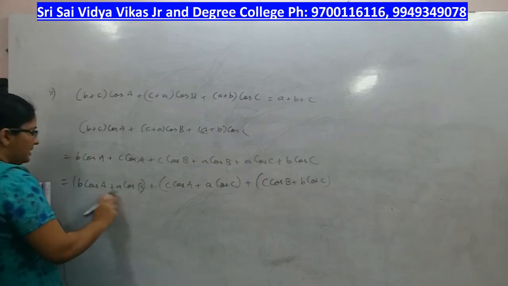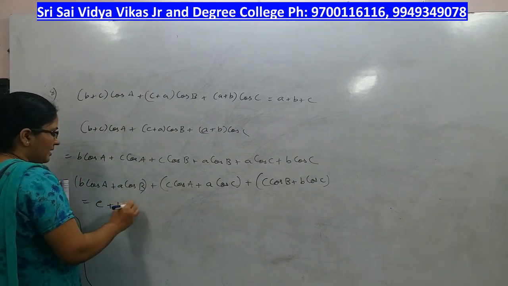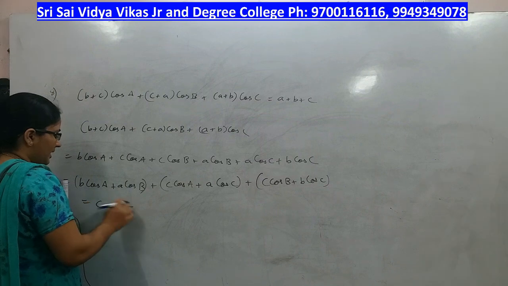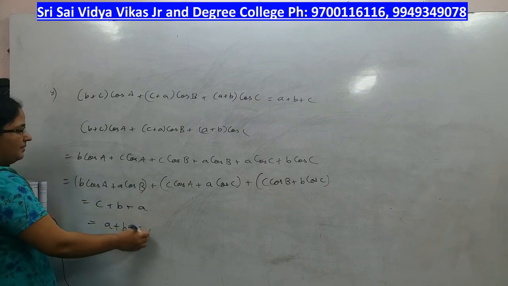The value of this is c, the value of this is b, the value of this is a, that is equal to a plus b plus c.